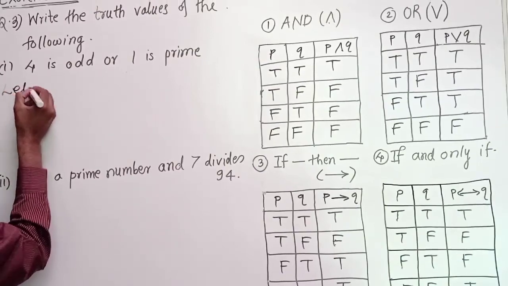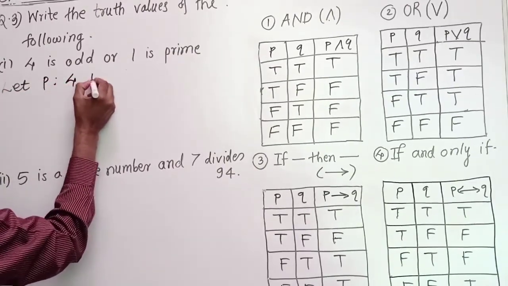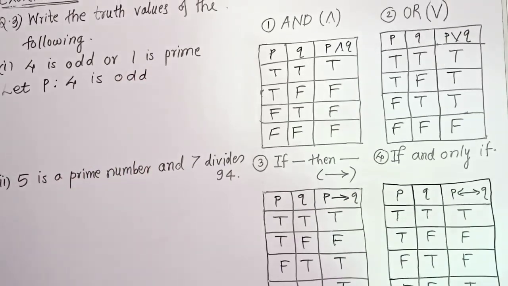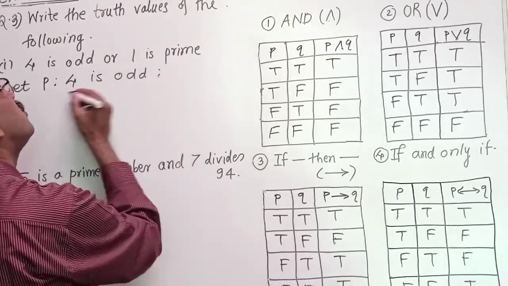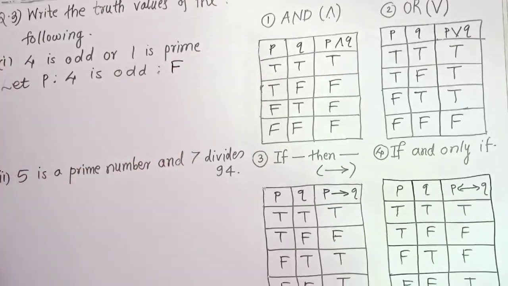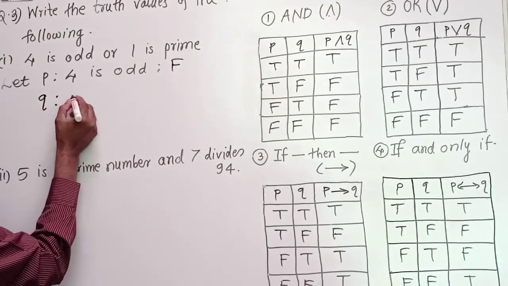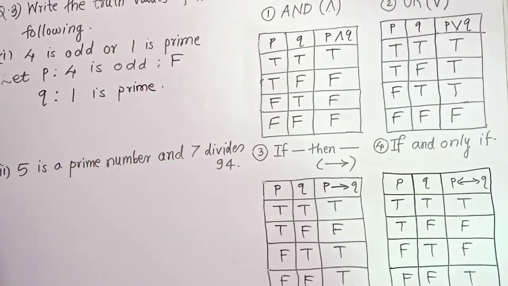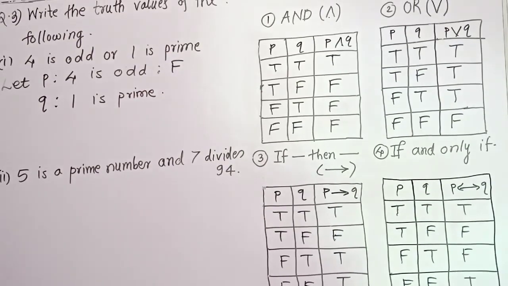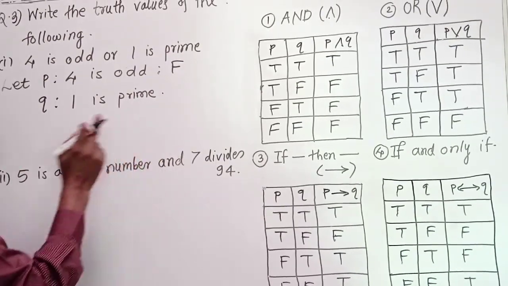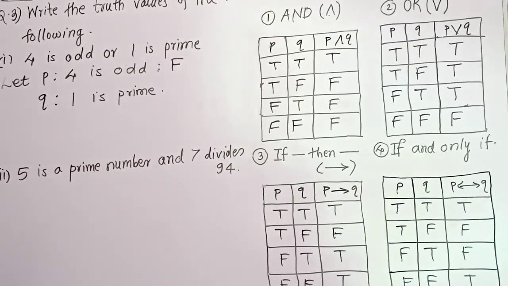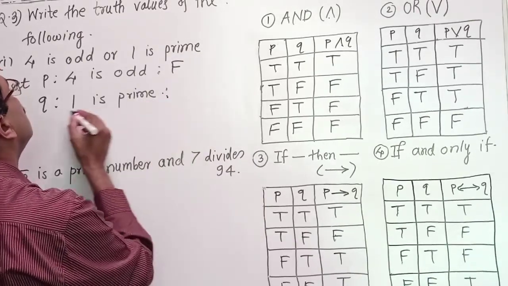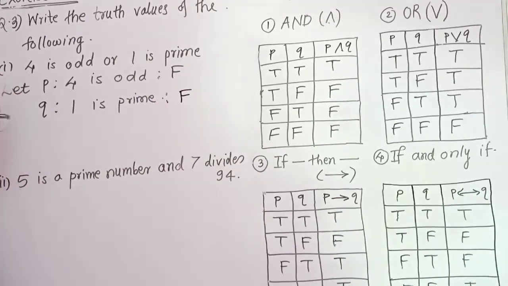Consider statement P as 4 is odd, but we know that 4 is an even number. That means this statement has truth value false. The second statement Q is 1 is prime. All of you know that prime numbers start from 2, so 1 is definitely not a prime number. So this statement is also false.